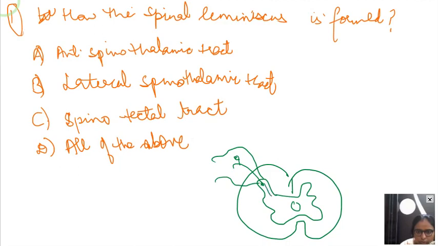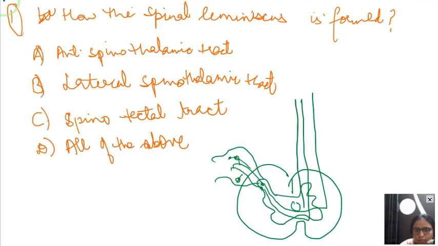Here is the substantia gelatinosa. From here the lateral spinothalamic tract will proceed upwards, and likewise your anterior spinothalamic tract and your spinocerebellar tract. These three tracts which ascend upwards, bundled together, are called the spinal lemniscus, right?